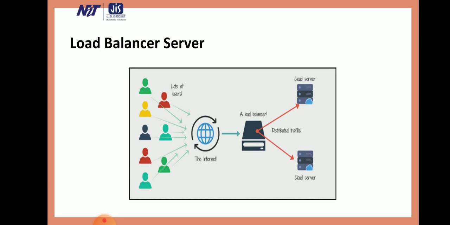ASICs allow high speed forwarding of network traffic. We can use it for transport layer load balancing because hardware based load balancing is faster than software solutions.